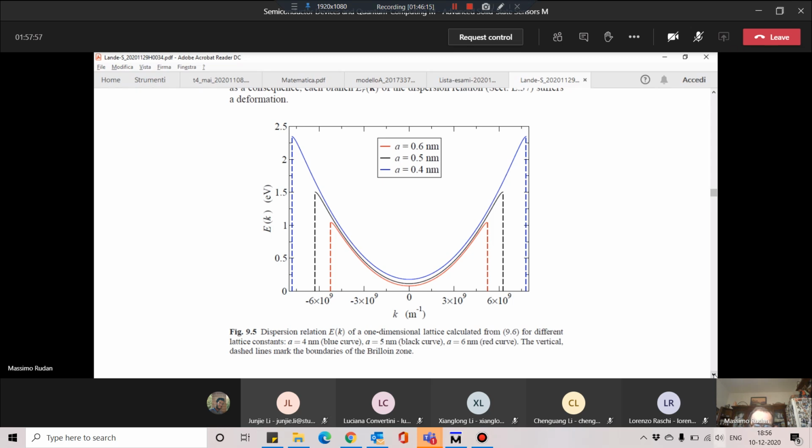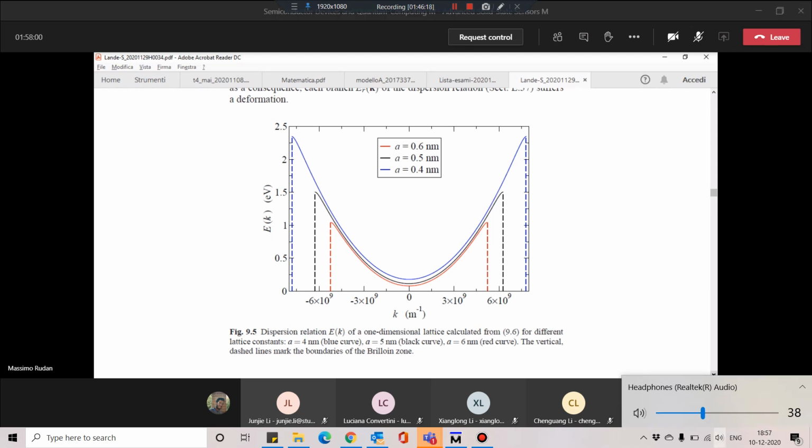But you remember that in equilibrium, the filling of the band is imposed by the relative position of the minimum of the band and the Fermi level. So it is likely that this stretch, by changing the position of the minimum, will also change the filling of the band. So we may have more or fewer electrons in the same band, so the conduction of the band will also be affected.